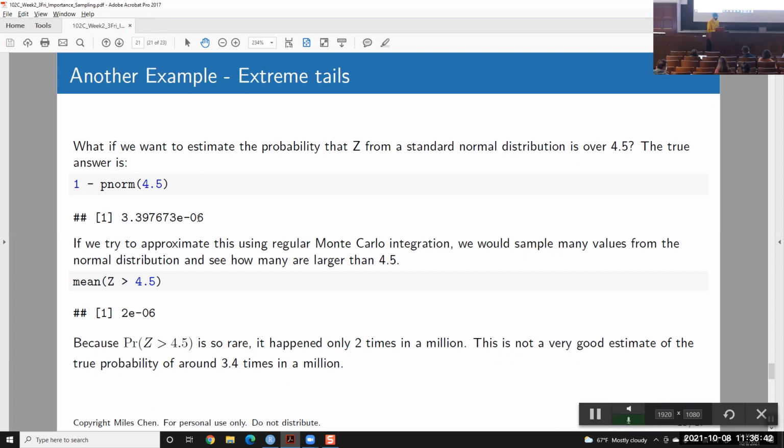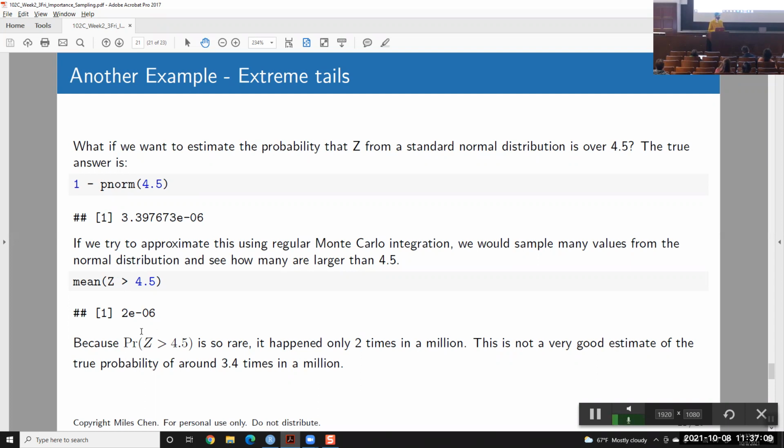If we wanted to estimate this using a Monte Carlo approach, what could I do? One is I could generate a million values from the normal distribution, and ask how many values are over 4.5.